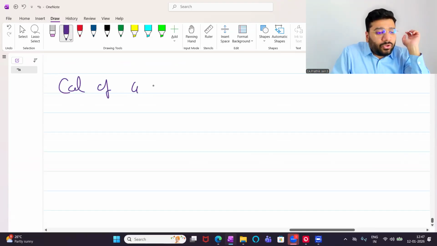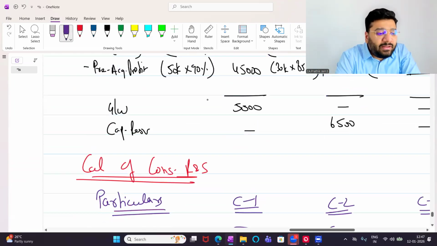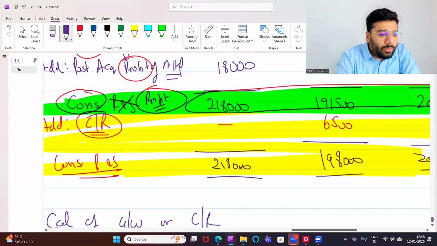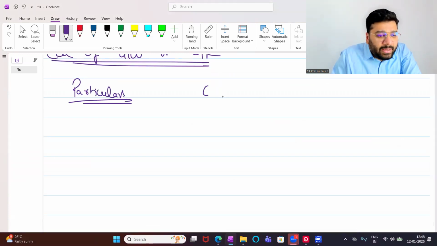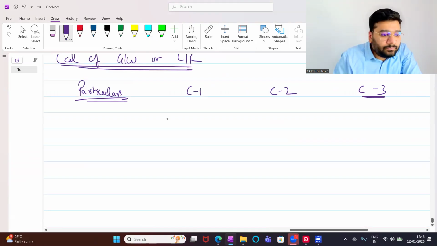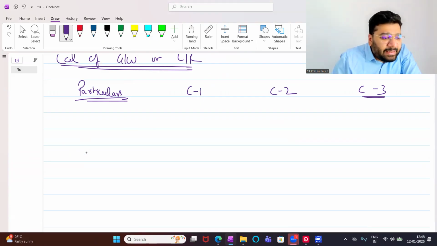Calculation of goodwill or capital reserve. The way we did the above calculation, in the same manner we'll do it. Any problem? Particulars: case 1, case 2, case 3. I'm leaving some lines at the top, and writing directly here, investment.